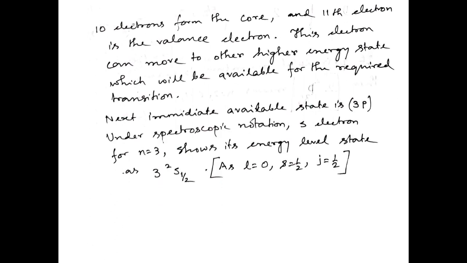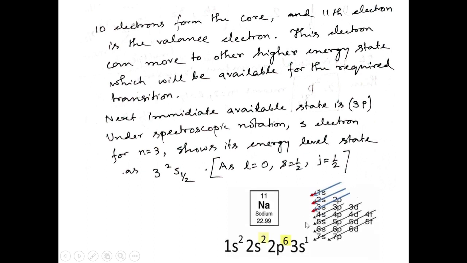This electron can move to another higher energy state which will be available for the required transition. The next immediate available state is 3p. Just look at this diagram. After 3s, the next possible energy state is 3p. And what is the spectroscopic notation of that? 3 2S half, as I have discussed earlier.